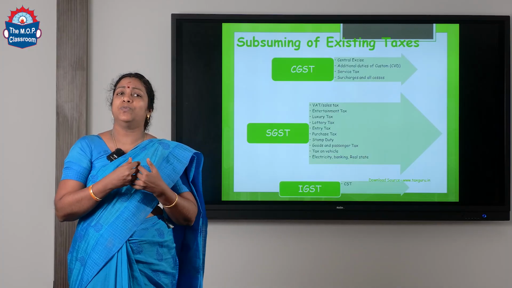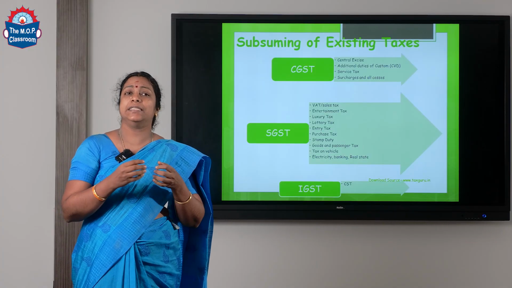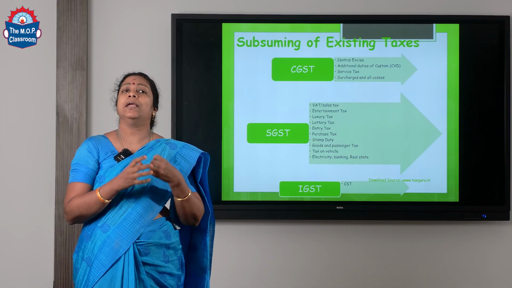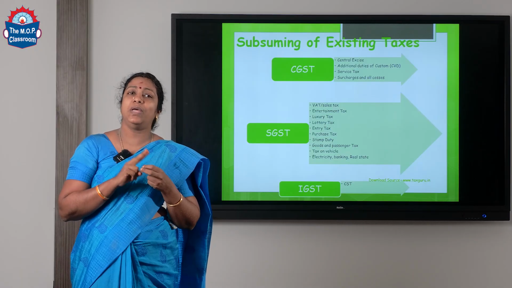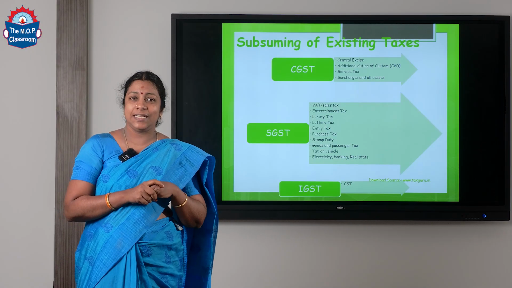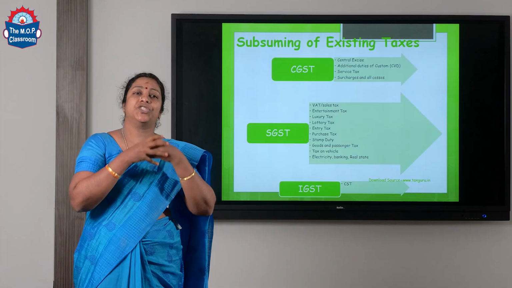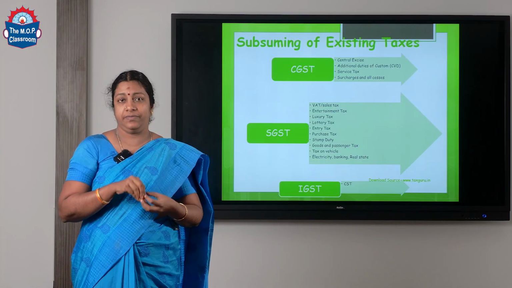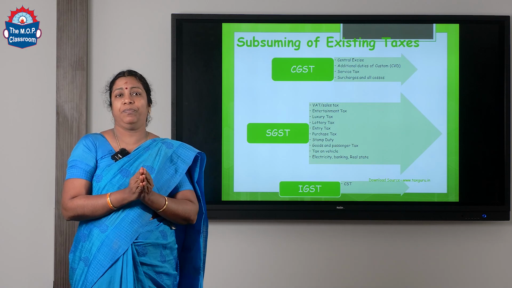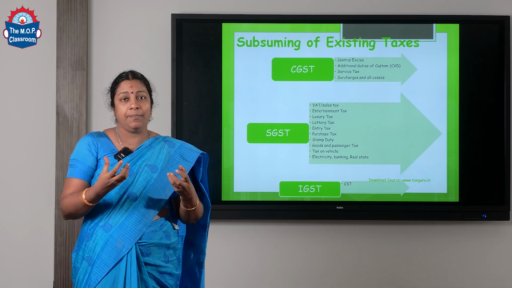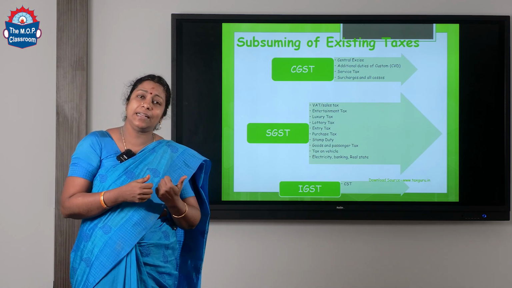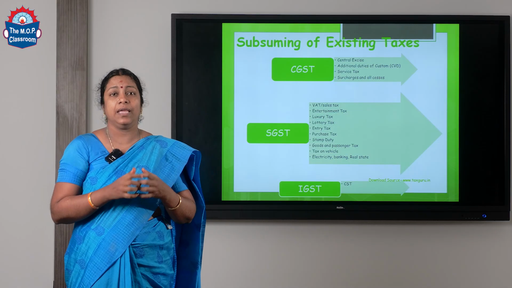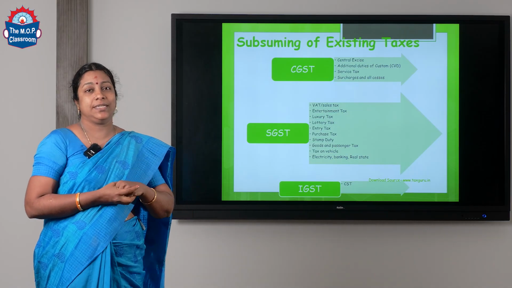This one nation, one tax system is implemented by using the model called dual GST model. Dual GST model means whatever tax is levied on the goods or services should be shared by both center and state. That is why it is called a dual GST model.